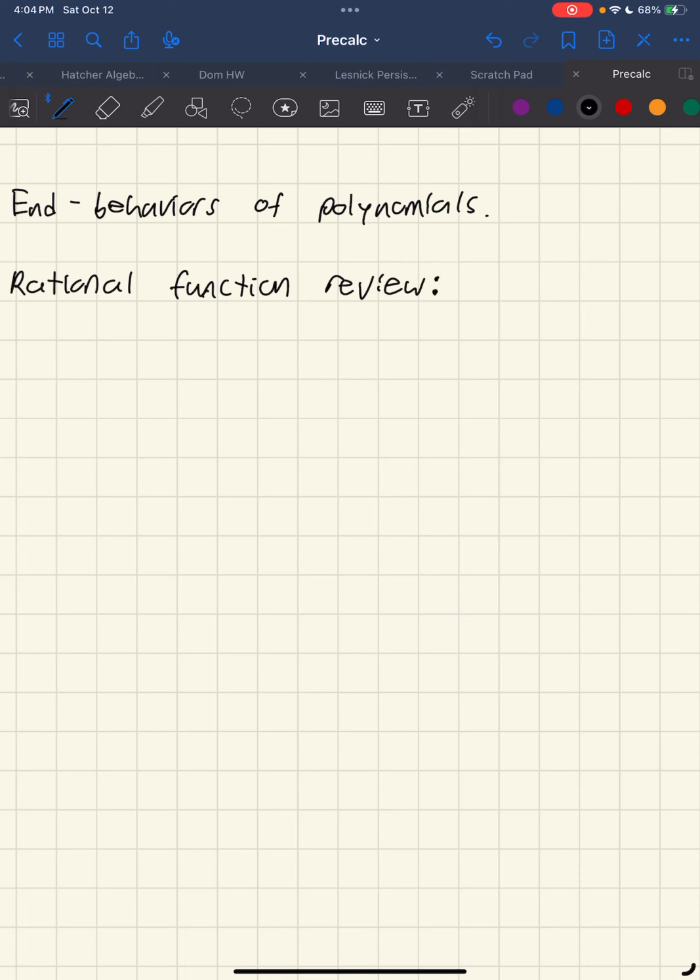In short, a quick definition: a rational function is a function that can be represented as a fraction where the numerator is a polynomial and the denominator is a polynomial. Let me write that down.